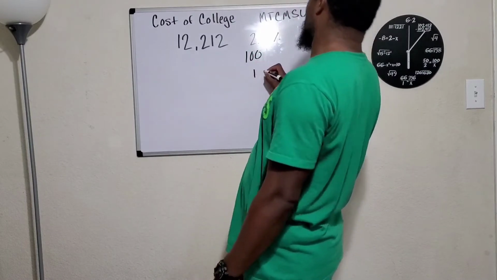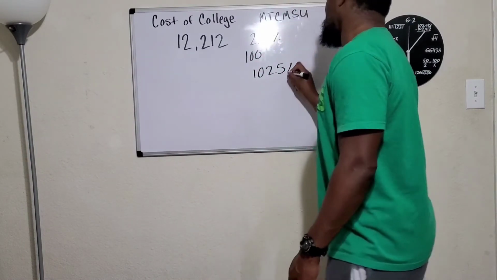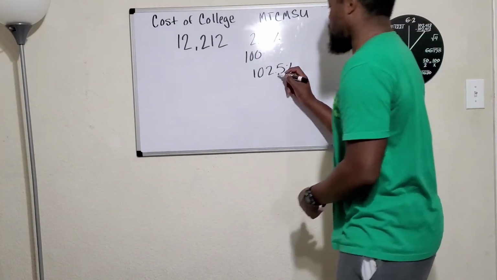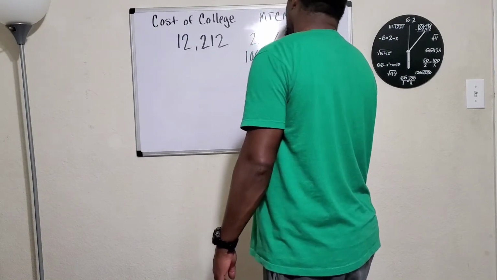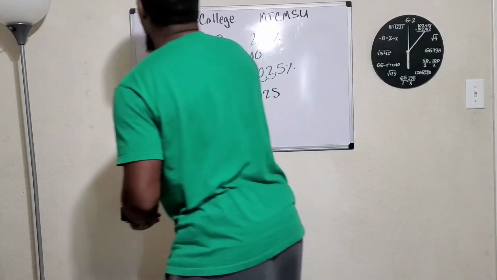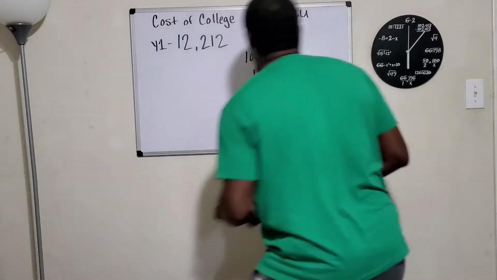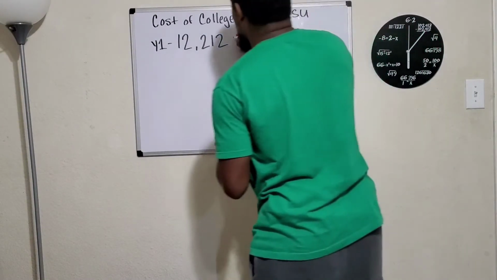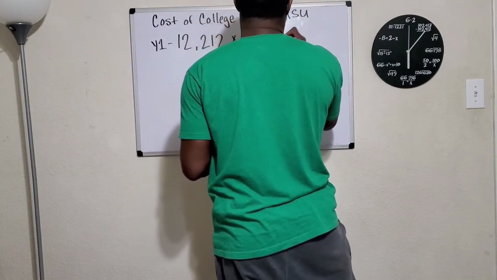So it's 102.5%. And of course, y'all know that we can't use this. So we're going to move our decimal over, 1.025. And now we're going to multiply the cost at year one. We're going to multiply our year one cost by 1.025, right?